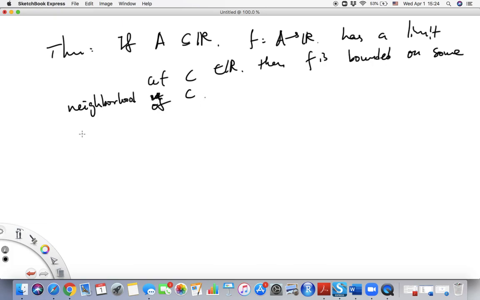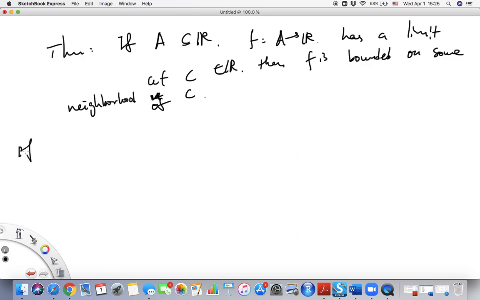Okay, so how do we prove that? The first intuitive idea. So if f has a limit at c, right? So say the limit is L. Then as long as your x is close to c, f is close to L, right? So L is a fixed number. So if it's close to L, then it's sort of not far from L, so it's bounded.